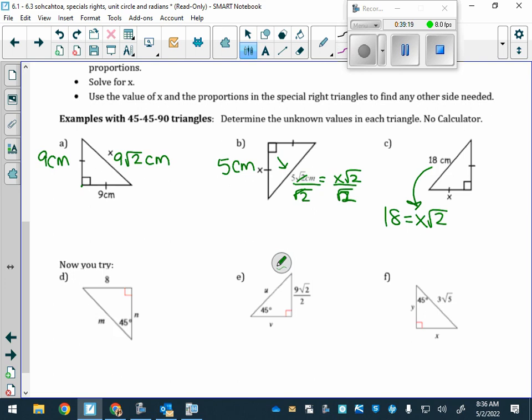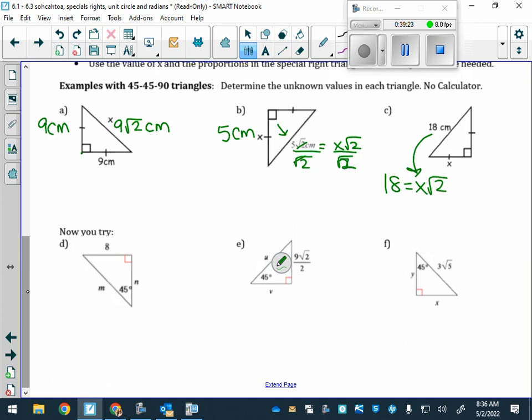So how do we go about solving? What do we do first? Then? Any answer? What's your first instinct? What would you do? Not square it. How do I get X by itself? What do you think? Yeah. You would divide just by root 2.